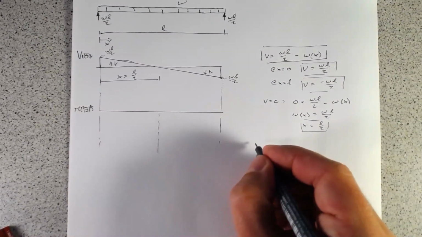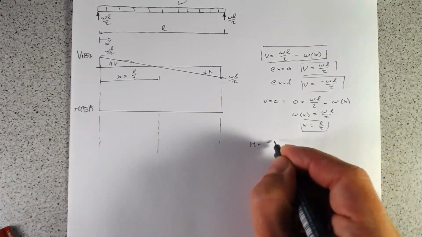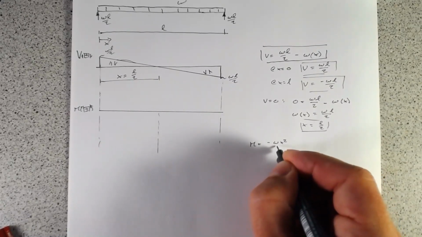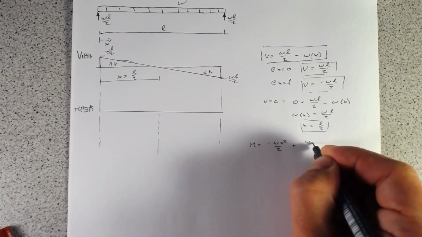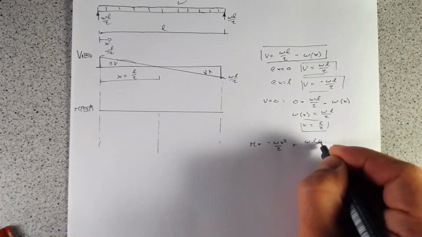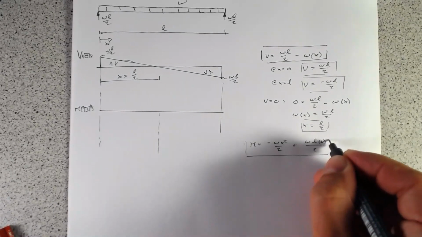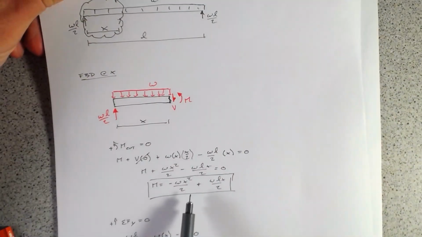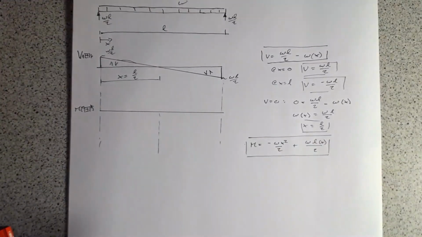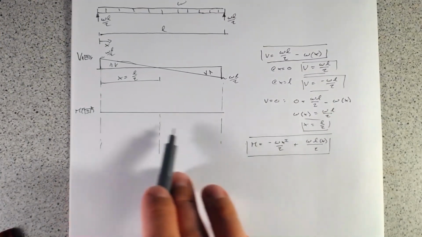So our moment equation, we have M equals minus WX squared over 2 plus WL times X over 2. And again, that's just coming straight out of our free body diagram. So what we want to know is, what are our points here?